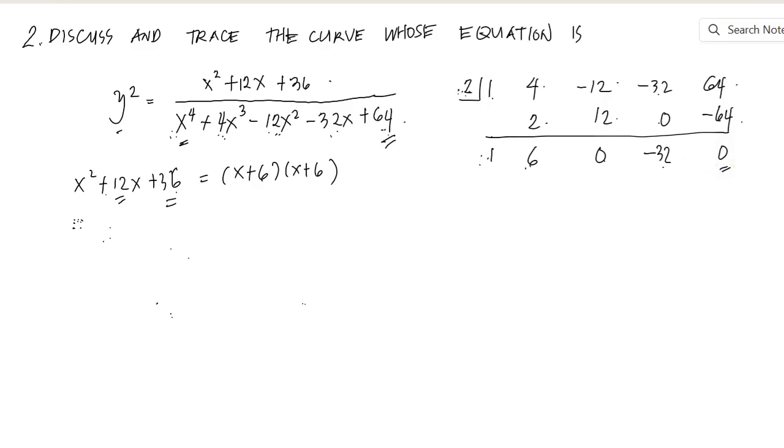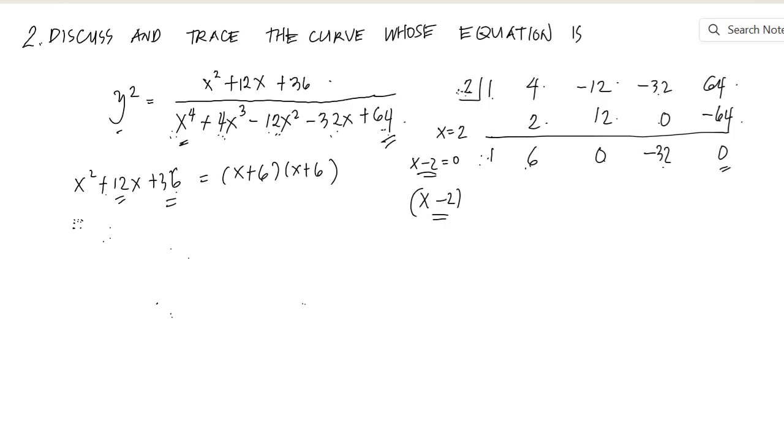Since we do not have a remainder, positive 2 is a factor. So that would be x minus 2. We just change the sign because this means that x is equal to 2. If we equate this to 0, x minus 2 is equal to 0, so the factor is x minus 2.